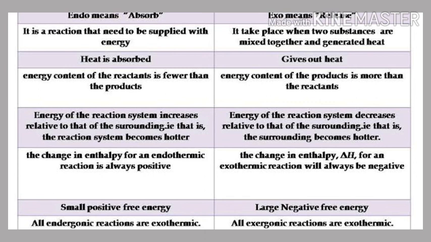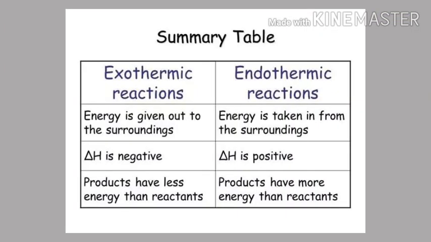Right now you are seeing the summary table on the screen, so you can summarize the whole video like that. In exothermic, energy is given out to the surrounding, delta H, which means enthalpy, is negative, and products have less energy than reactants. And in endothermic, energy is taken from the surrounding, delta H or enthalpy is positive, and products have more energy than the reactants.